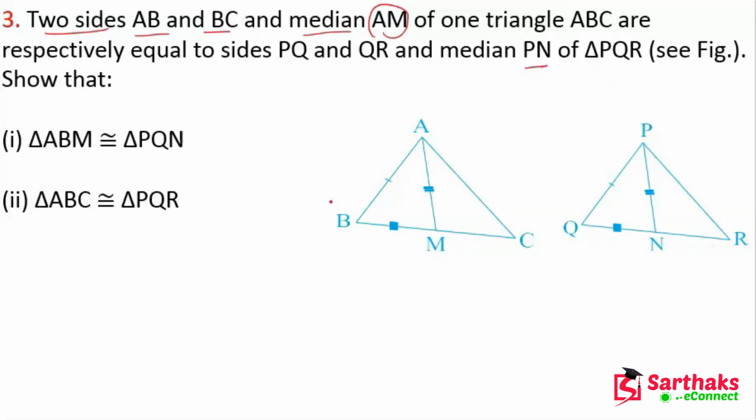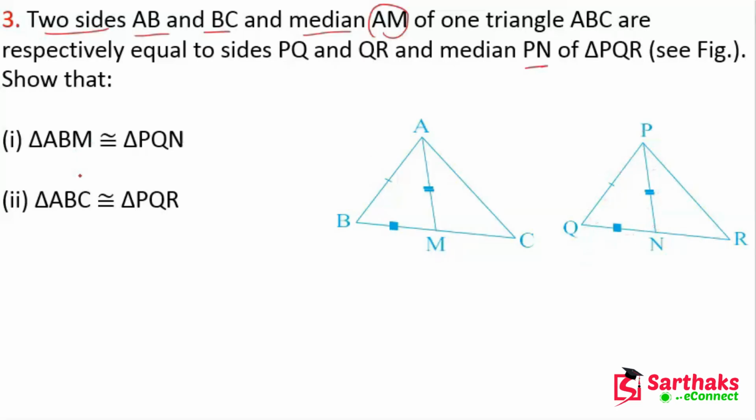It means two sides AB and BC and this median AM are equal to the sides PQ and QR and median PN of this triangle.